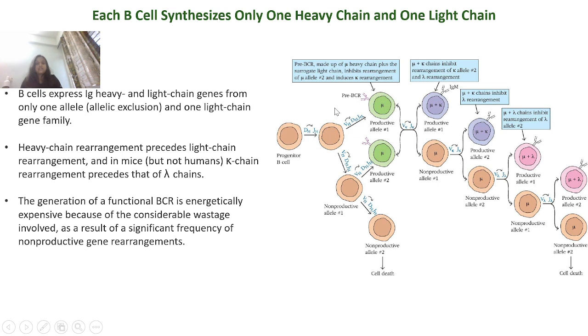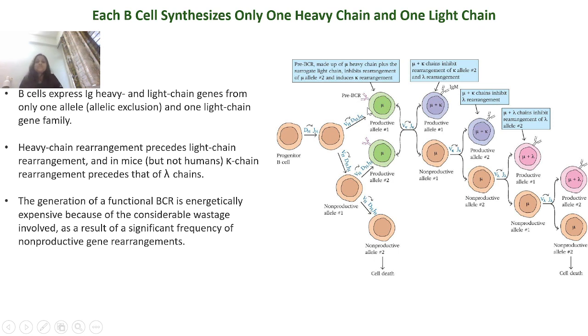So the cell dies because it is unable to produce a productive allele. But if it forms a productive allele, then this will further go into the light chain rearrangement.